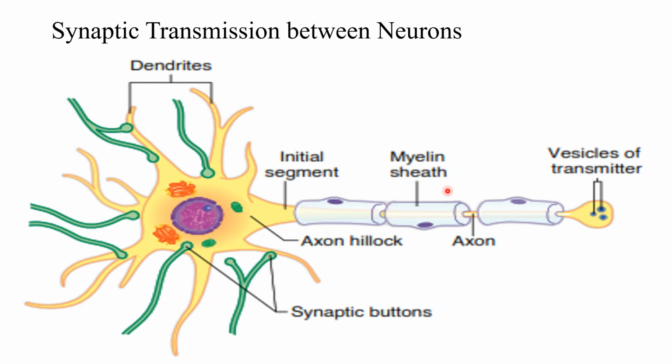So it becomes very fast. Conduction of the action potential is very fast. If it is unmyelinated with a small diameter, it is very slow. It varies from 0.1 meter per second, like in unmyelinated C fibers.